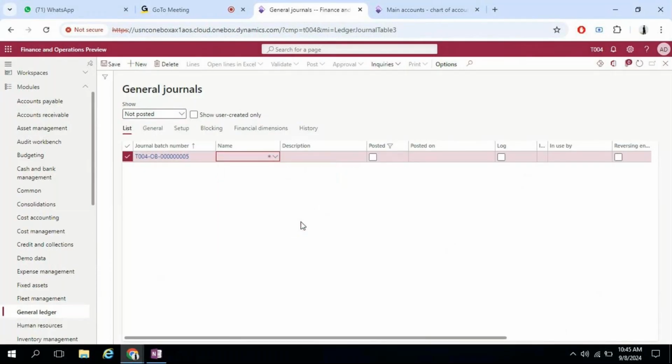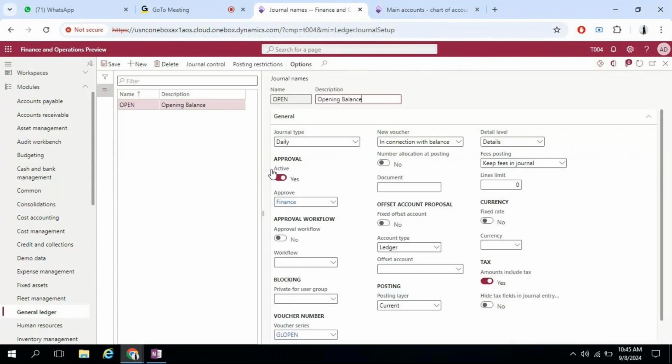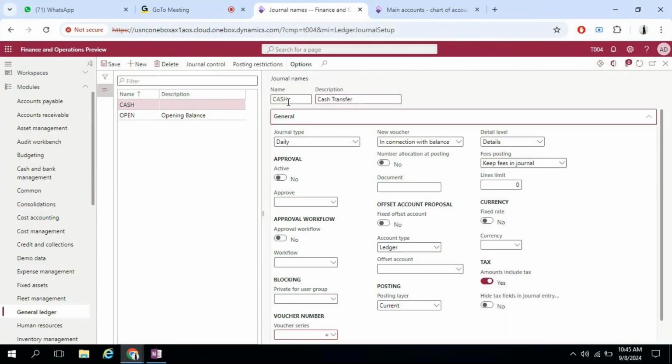So as per my activity I can create a separate journal. Okay, so I will create a journal of cash, and write the name as cash transfer. Okay, so for any type of cash transfer, I'm going to utilize this.